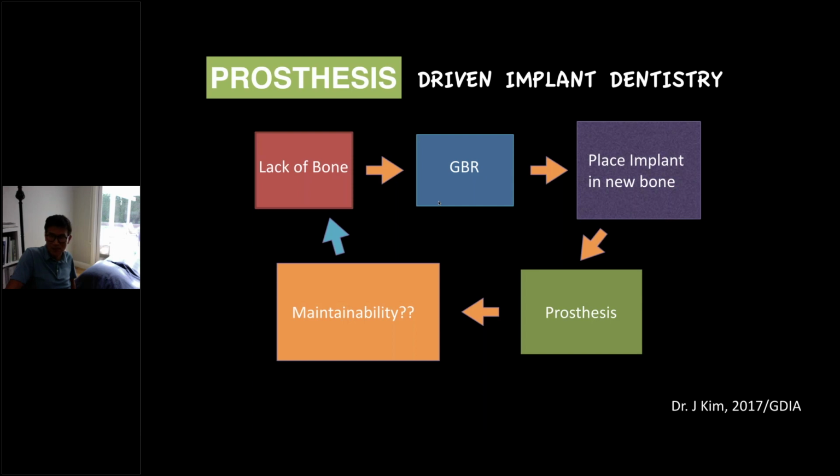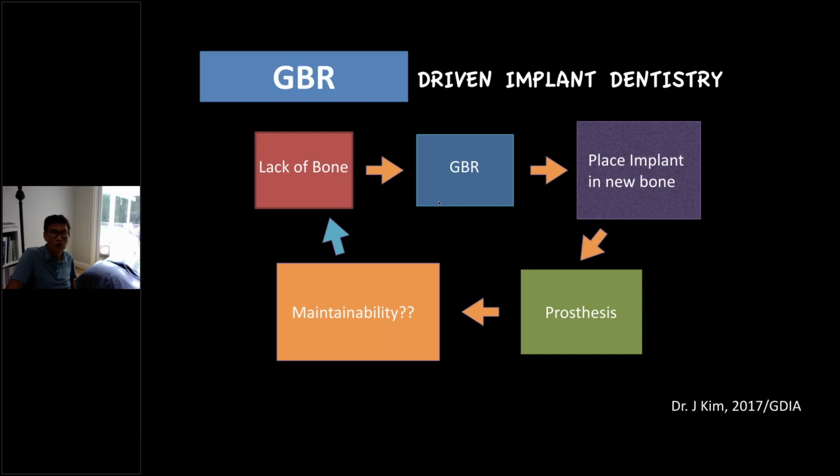But my smart alecky brother Kim said, how about GBR driven implant dentistry, right? So if you do GBR, every implant case is so much more demanding. GBR success, we know the technique, we don't have a lot of ways to do it. But at the moment we fix it, it has to be maintainable.